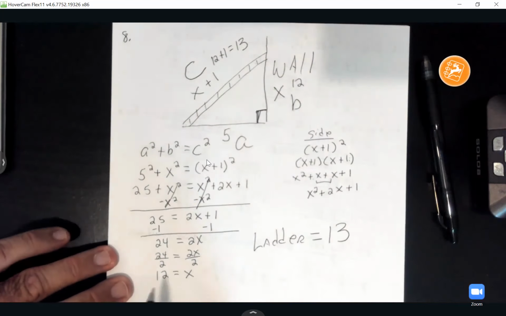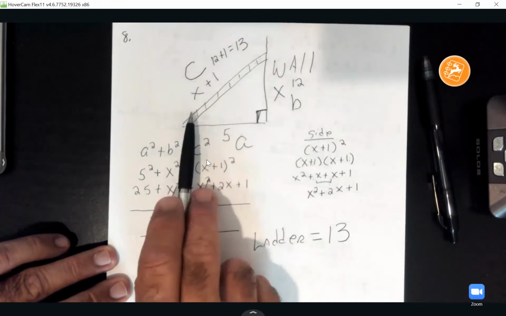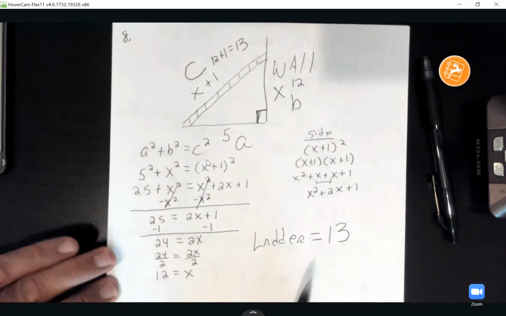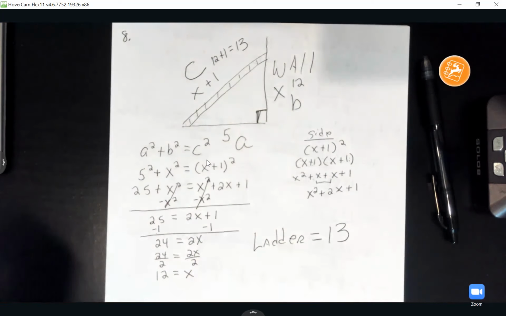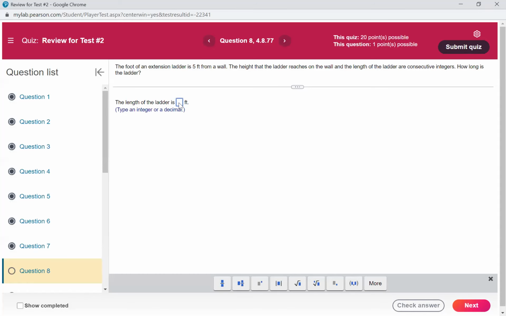So on this one, do not stop when you have the x. You got to add 1 to that up here to actually get the ladder. So the ladder would be 13. So y'all, I'm going to go put in my ladder now. And we said that was 13.